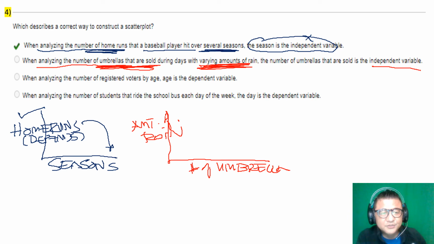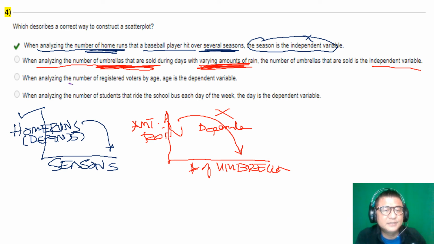Does the amount of rain depend on the number of umbrellas you see there? No, it's the opposite. So this doesn't make sense. It doesn't depend. Okay, let's look at the third one.